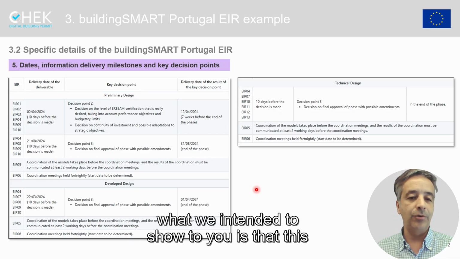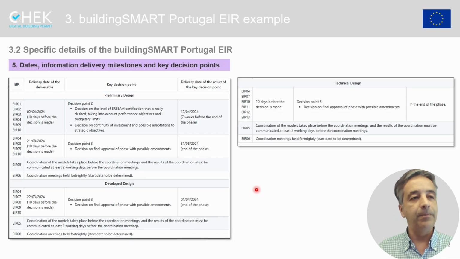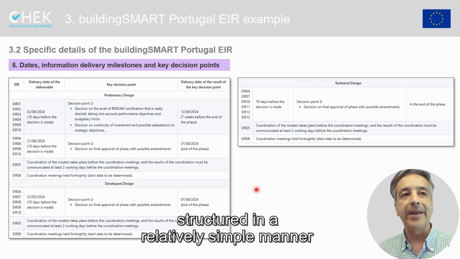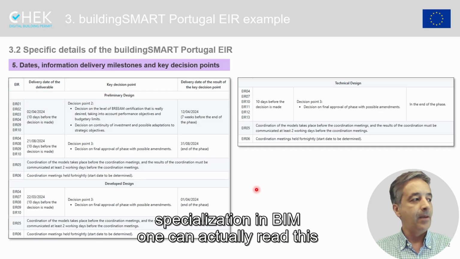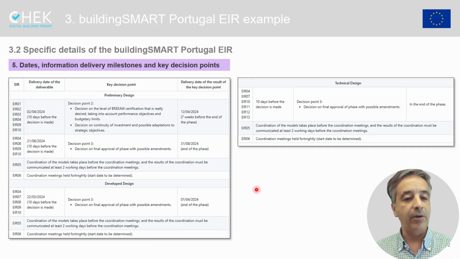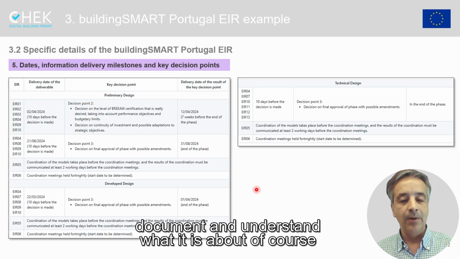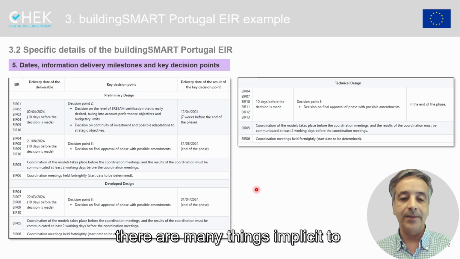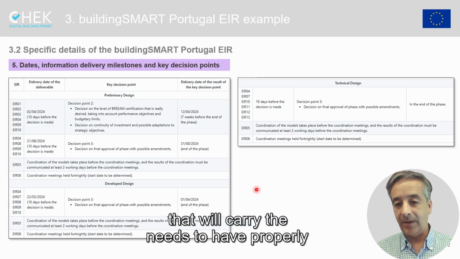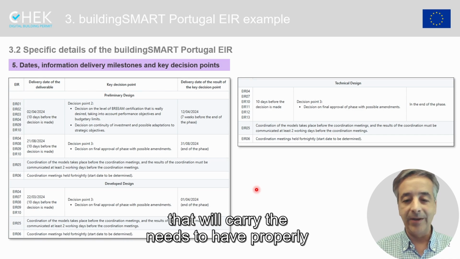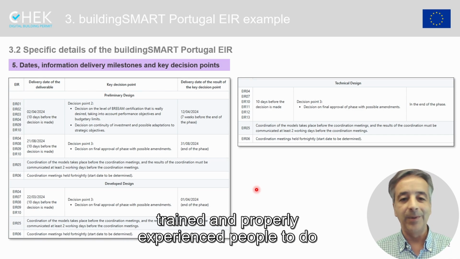what we intended to show to you is that this is structured in a relatively simple manner, so that even without a degree of specialization in BIM, one can actually read this document and understand what it is about. Of course, there are many things implicit in many of the written texts in the EIR that will carry the need to have properly trained and properly experienced people to do the process.